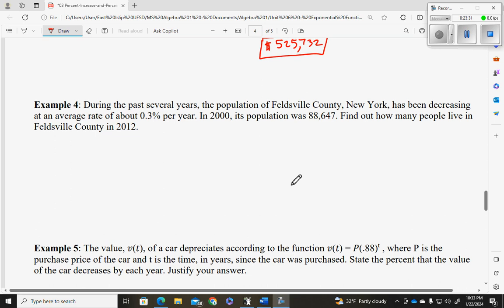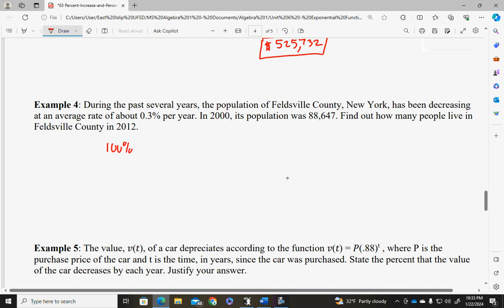Next, during the past several years, the population of Feldsville County, New York has been decreasing at an average rate of 0.3% per year. 100% minus 0.3%, that really is just 99.7%, right? It only decreased by 0.3%. Change this to a decimal, 0.997.